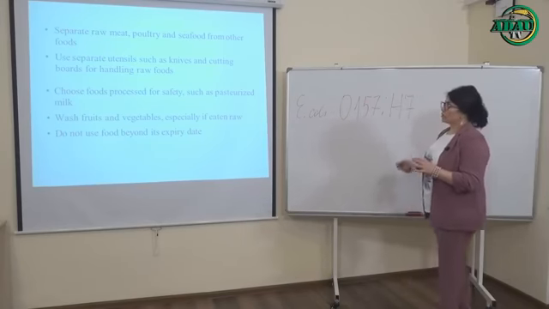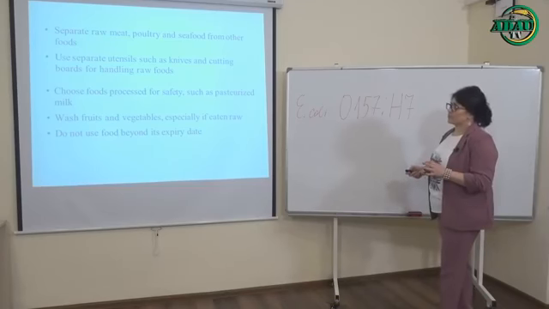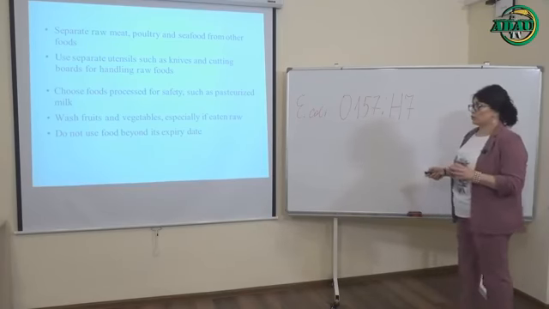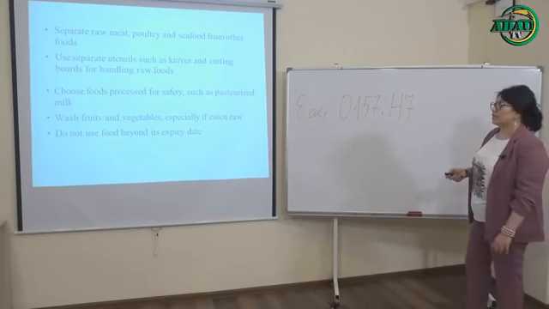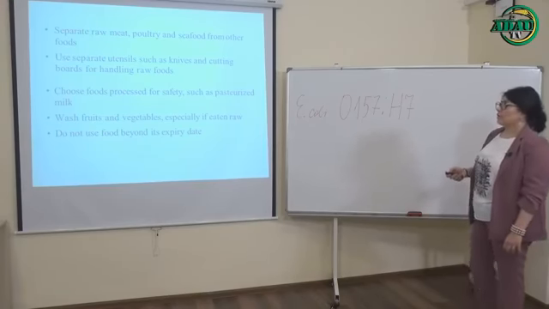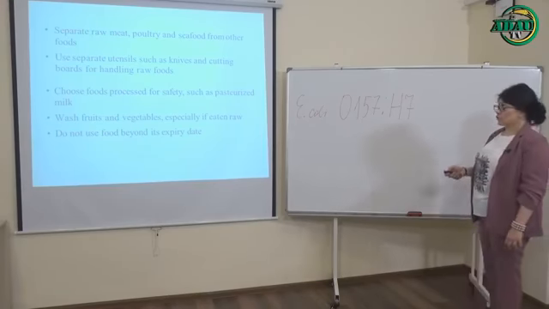So you have to use separate utensils. Choose foods processed for safety, such as pasteurized milk. Wash fruits, I told you about it, if eaten raw. Do not use food beyond its expiry date.